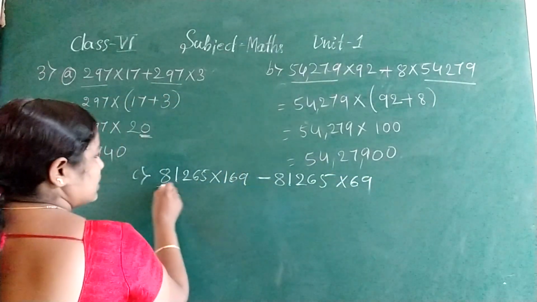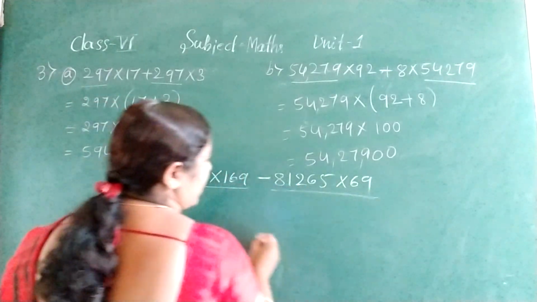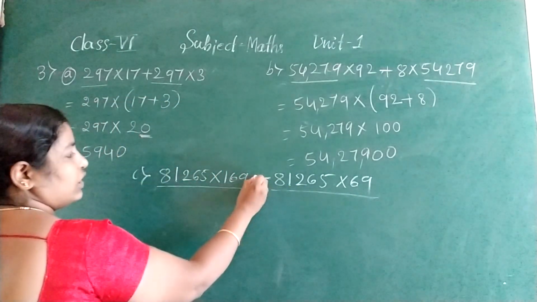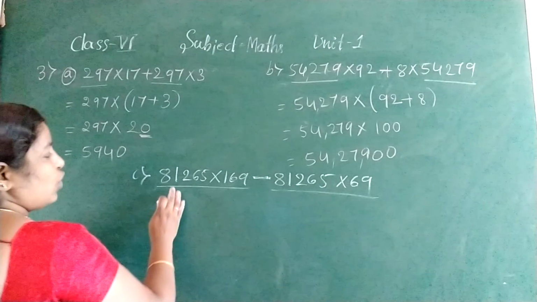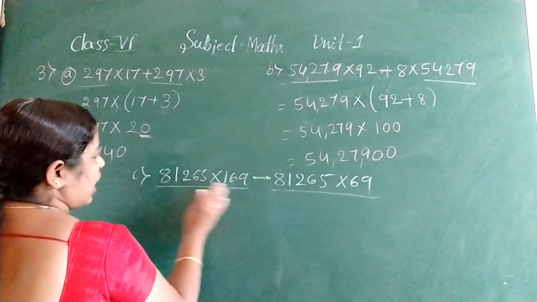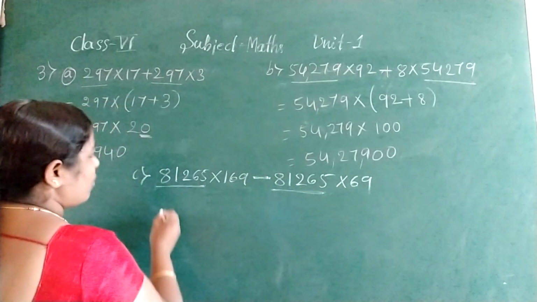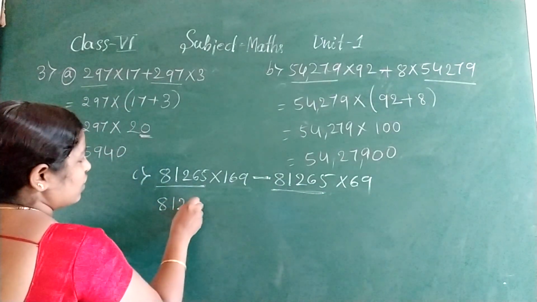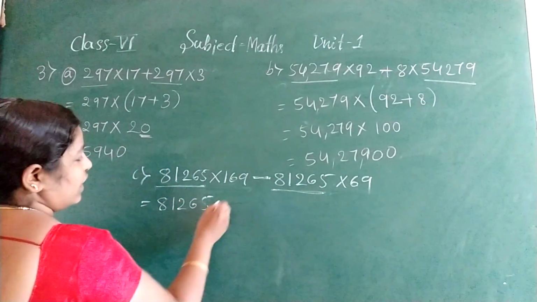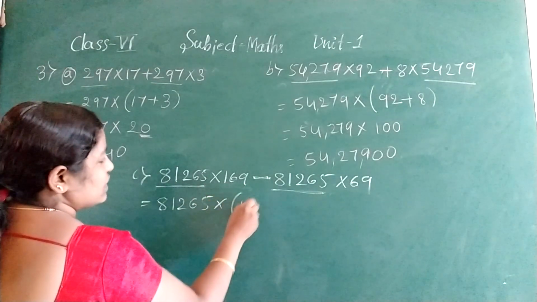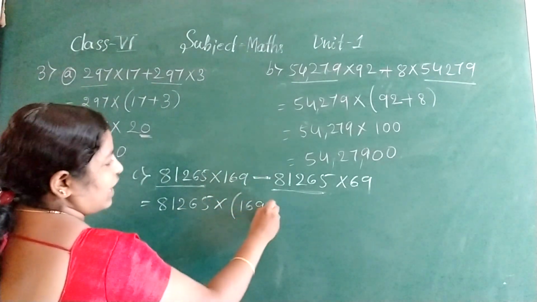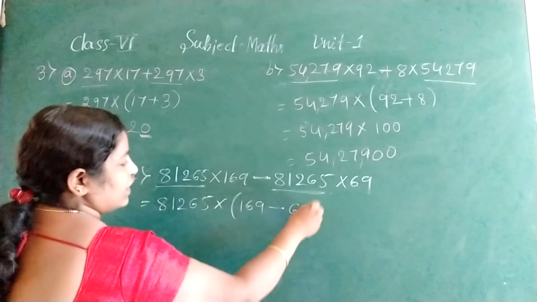So this is one part and this is one part. These two are connected with minus. So here the common thing you should identify. So this one and this one are the common. Take those outside, common thing. Then into here 169 minus 69.